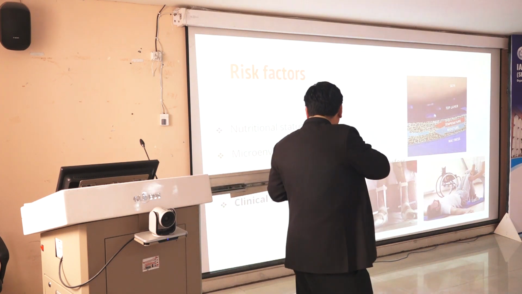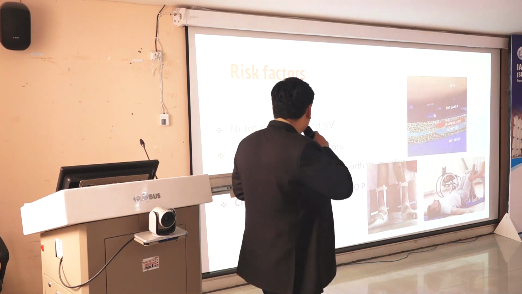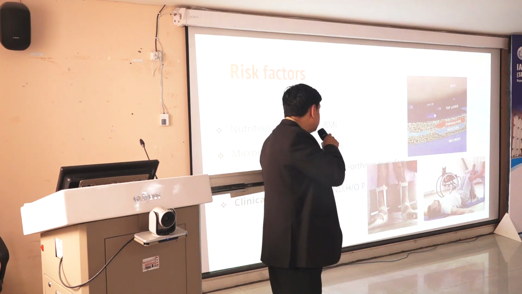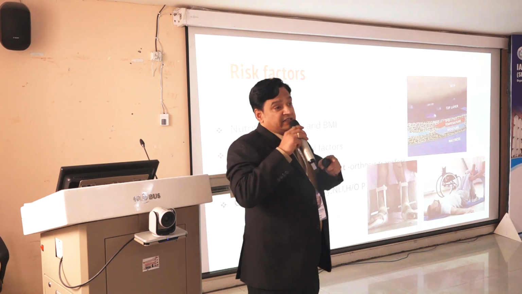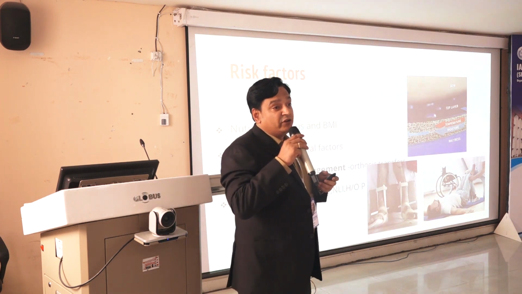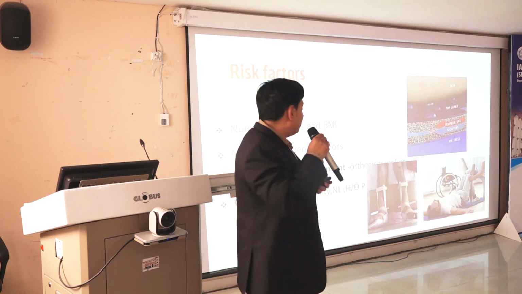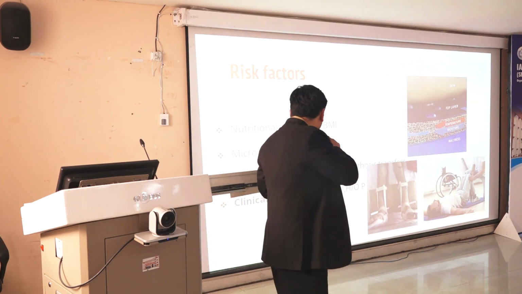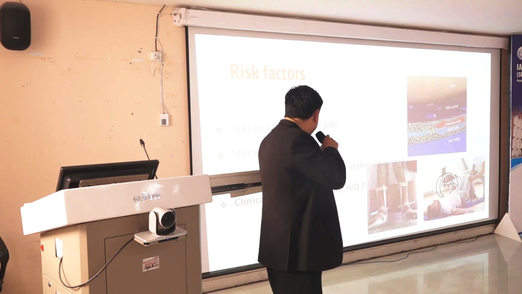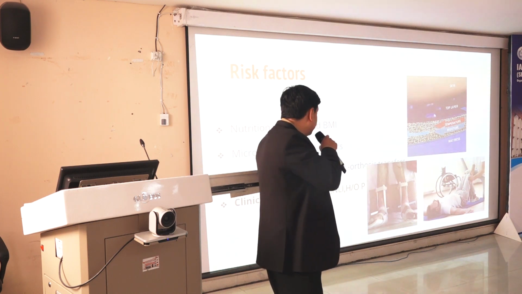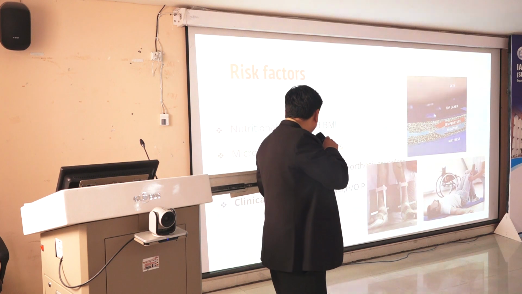What are the risk factors? You have to look for the nutritional status, BMI, microenvironmental factors. Are there any bony prominences or some old fractures already there, some callosities, or those things have to be taken care of. Many times using an orthotic device can lead to such a thing.